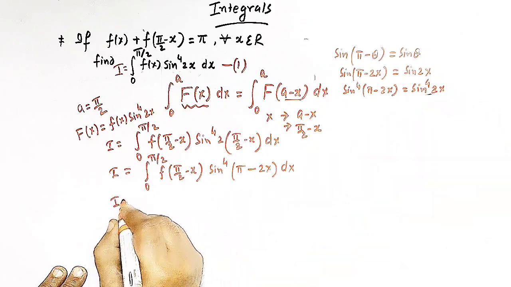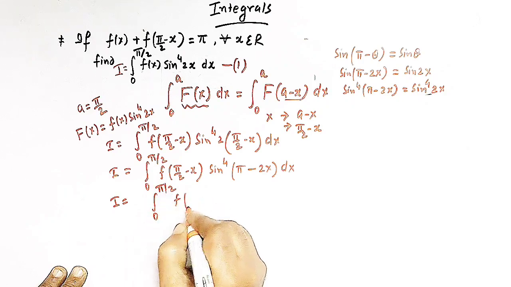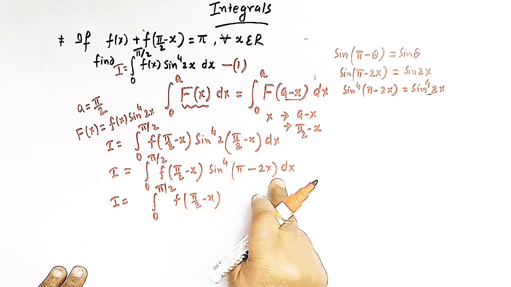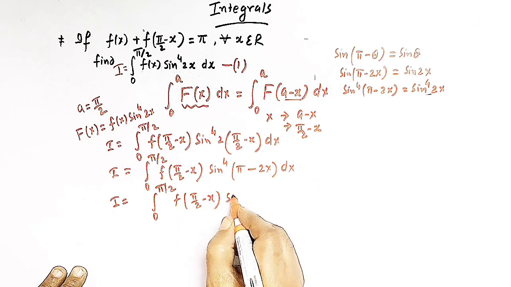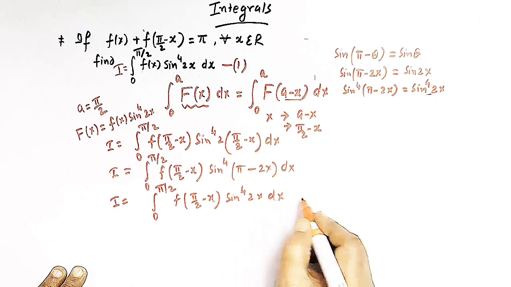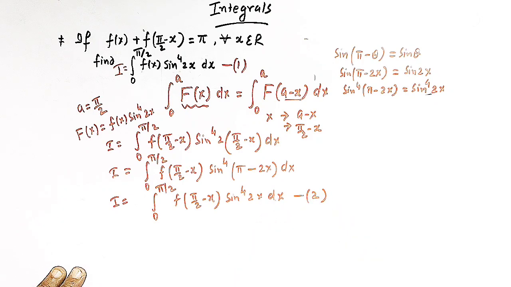So we have now I is equal to 0 to pi by 2 and f of pi by 2 minus x, and this expression is equal to sine 4, and here we have 2x and dx, and let us call this equation as equation number 2, right?